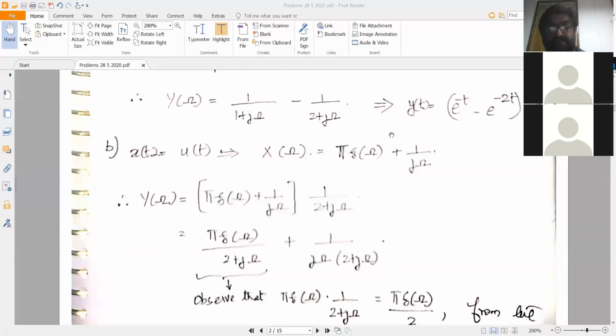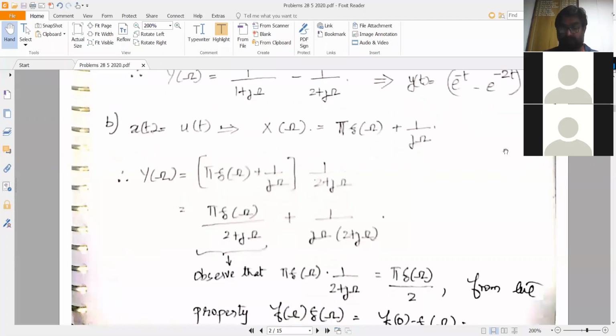You cannot substitute s is equal to j omega and find out what is the frequency response of a system which has got u of t as the impulse response, right?